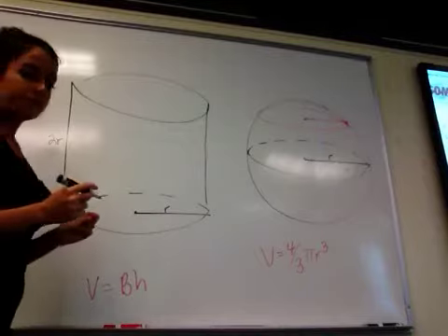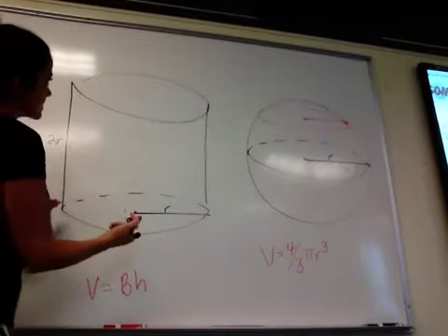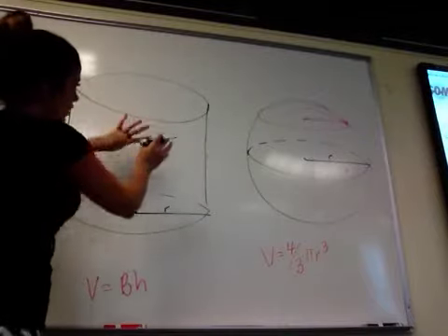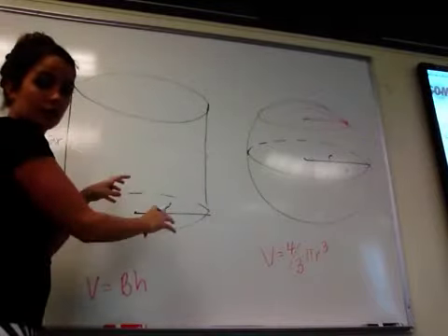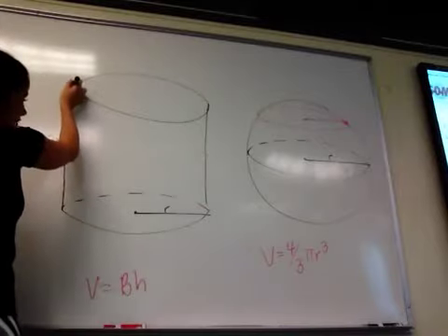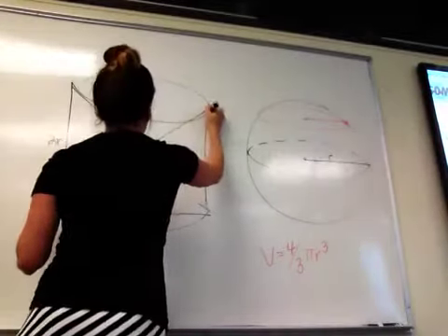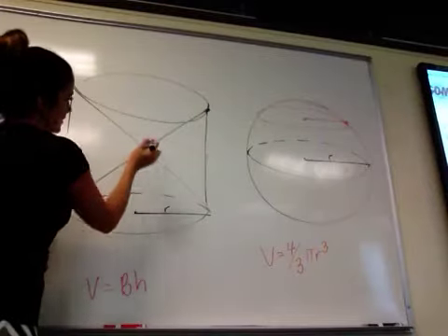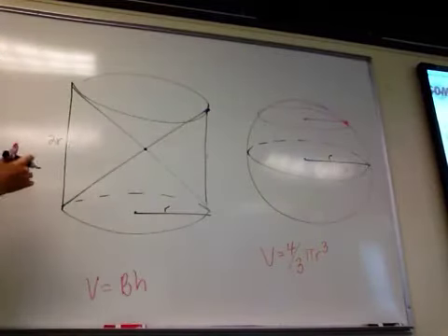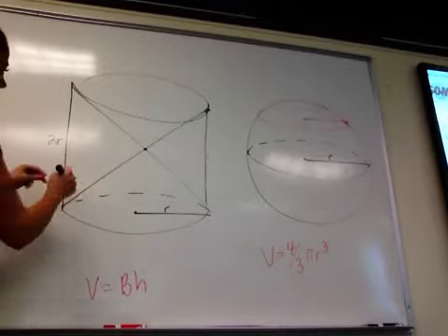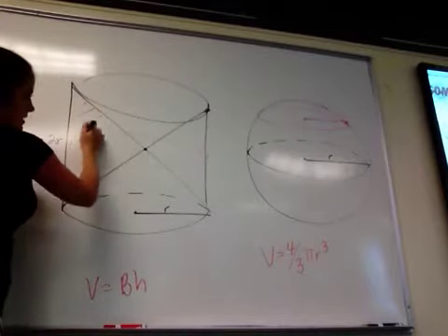What I'm going to do is pretend like this is made out of clay or something. And I'm going to cut a cone out of the top, and I'm going to cut a cone out of the bottom. All right, so this sounds a little crazy. Just bear with me. It's going to end up looking something like this, but what I need you to recognize is that the only piece that I still have is sort of this outer piece, right?